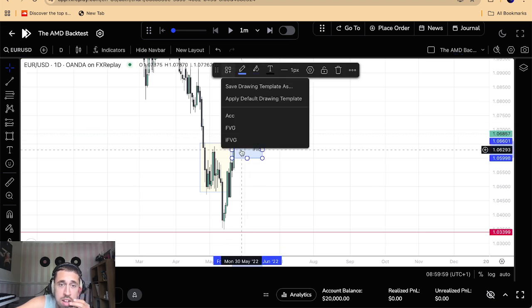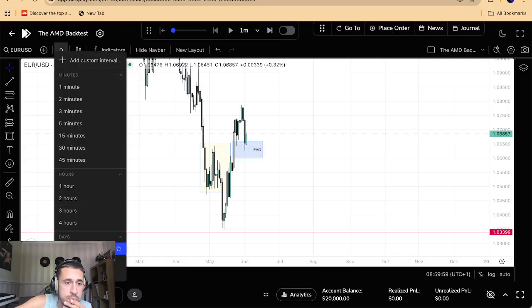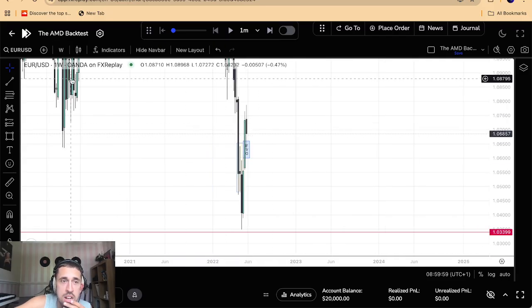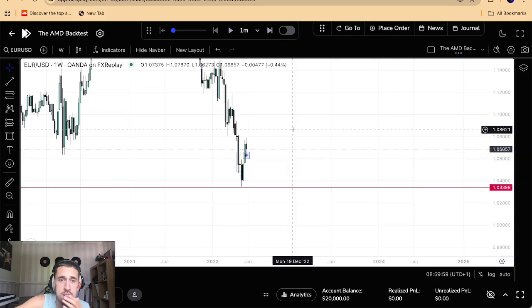So I am actually going to take this on a daily just to test this theory, even though I'd never usually take a daily trade like this. I'm going to take it.